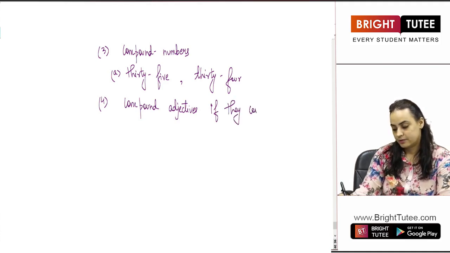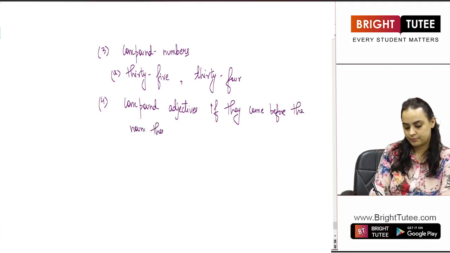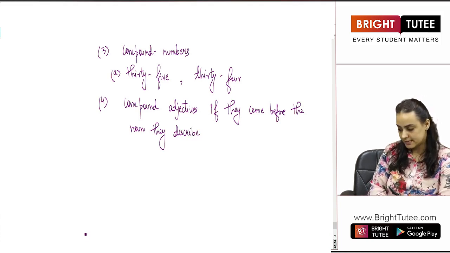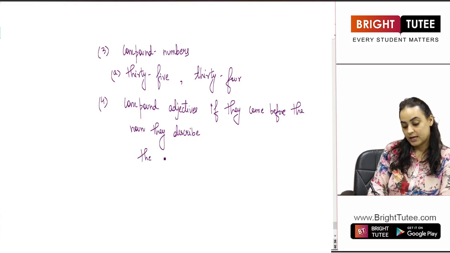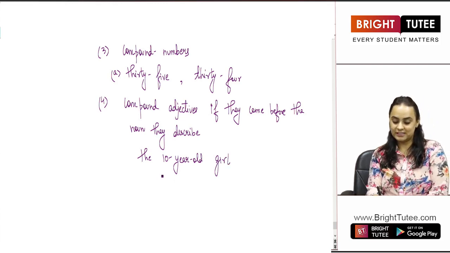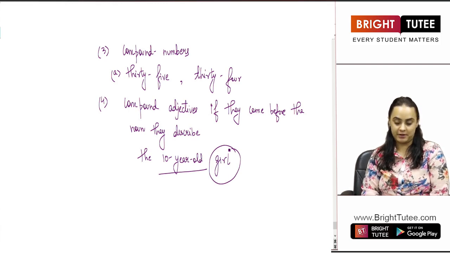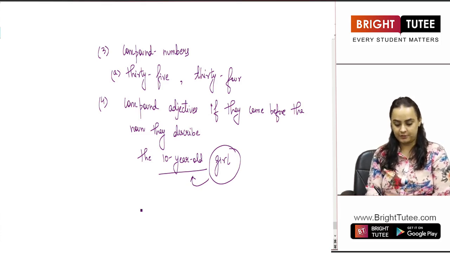If they come before the noun they describe, for example, the 10-year-old girl. So this is a compound adjective and this is the noun that it is describing. So if the compound adjective comes before the noun, we use a hyphen.